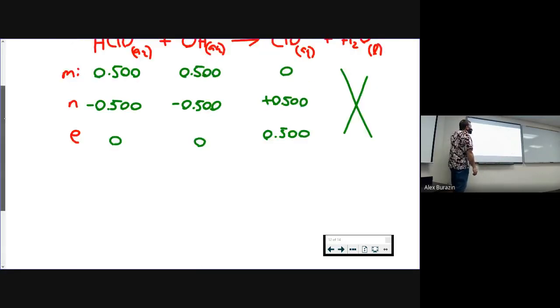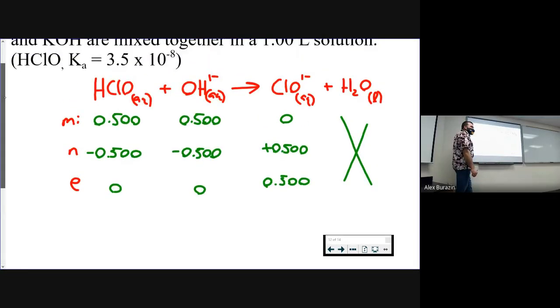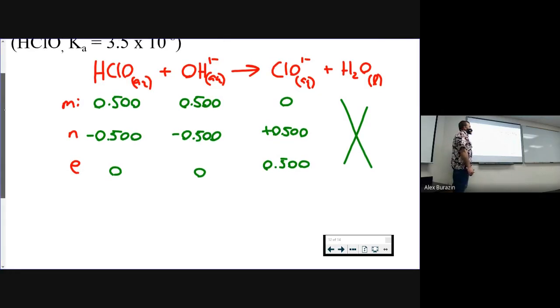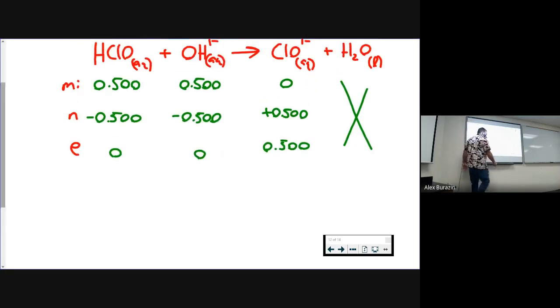What we need is to analyze this weak base. In order to analyze the weak base, we're going to need an ICE table. So let's show a chemical reaction proving that that stuff is actually a weak base.